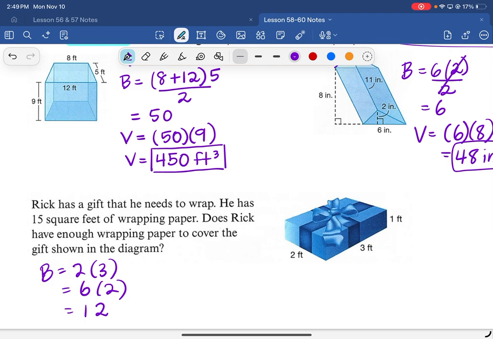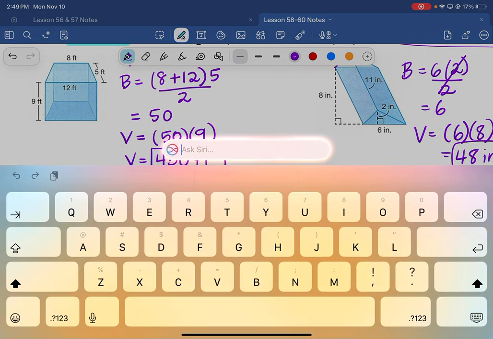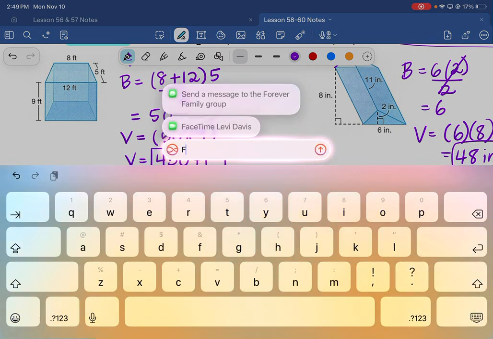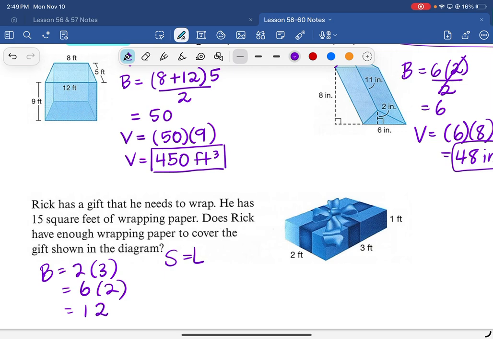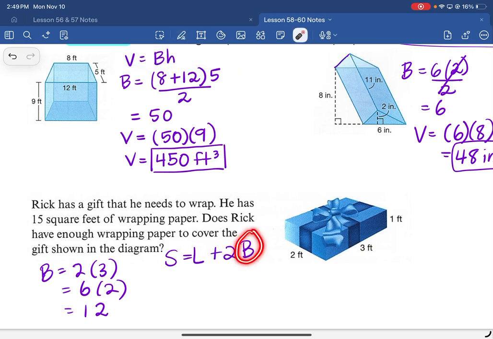Did you use 12 times 2? No. So far, you found this. So what is the formula of surface area? Lateral area plus 2 area of the base. Lateral plus twice the area of the base. So you just found this whole thing.